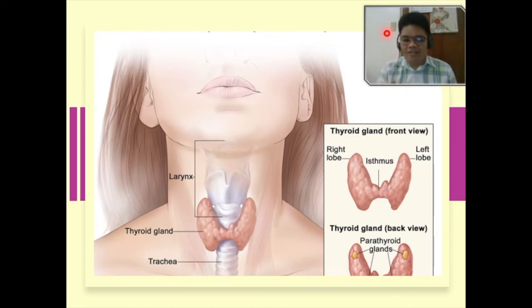It is the one that triggers your anterior pituitary gland to release your TSH or thyroid stimulating hormone. Okay, so let's combine all of them. Hypothalamus would release TRH. TRH would trigger the anterior pituitary gland to release your TSH. Your TSH would trigger your thyroid gland to release your T3 and your T4.